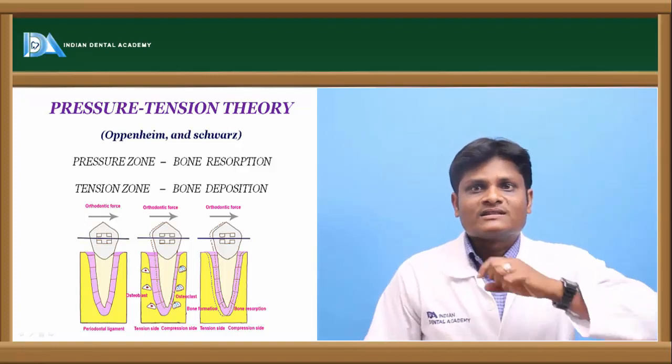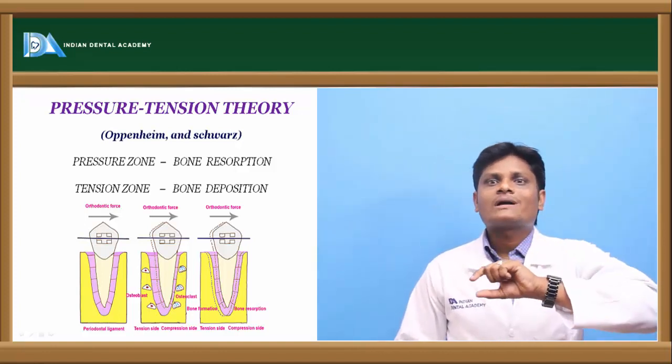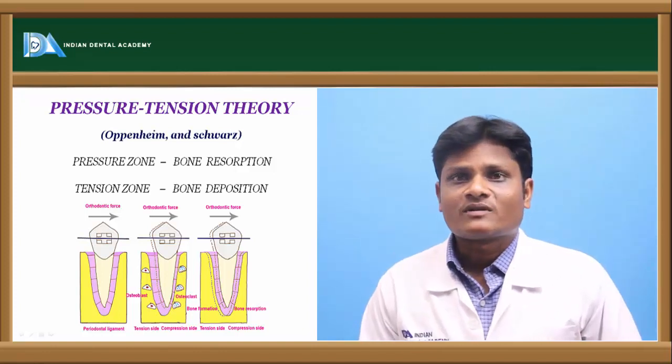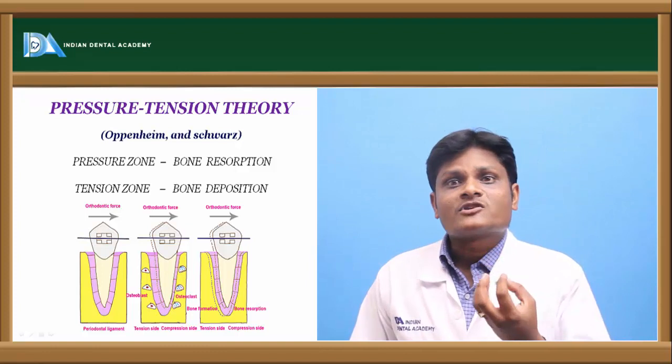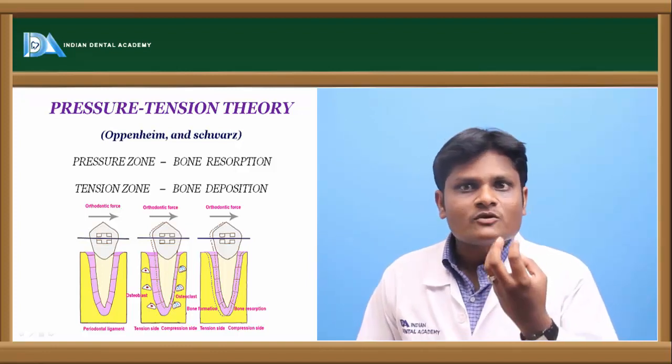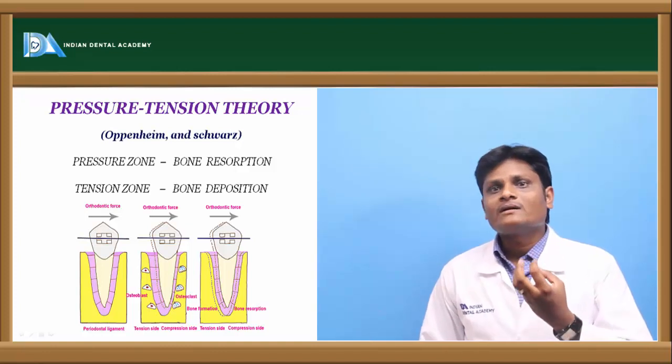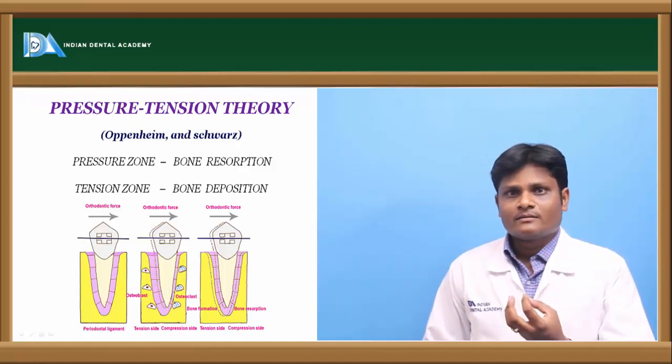Along with that, the circulating monocytes will also get recruited in the area of pressure or hypoxia, leading to their conversion into osteoclasts. These osteoclasts will ultimately cause resorption of the bone on the pressure side.